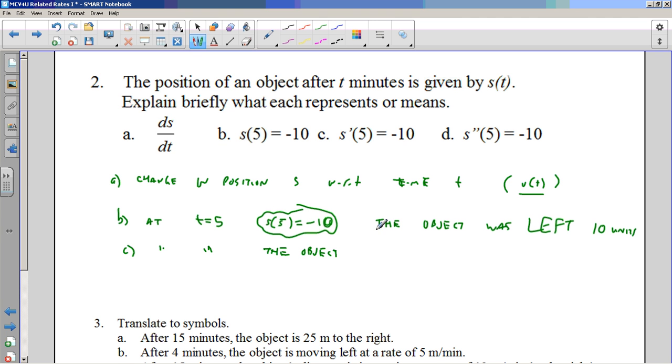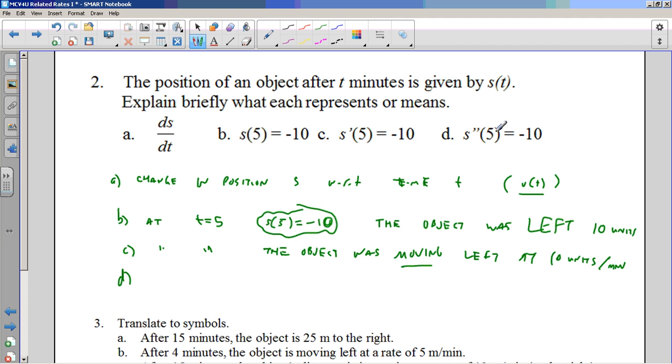The object's position was changing left, moving left, at 10 units, maybe it's meters, centimeters, whatever, per minute or per second. Oh, minutes. At 10 units per minute.